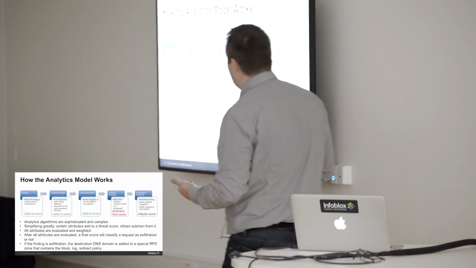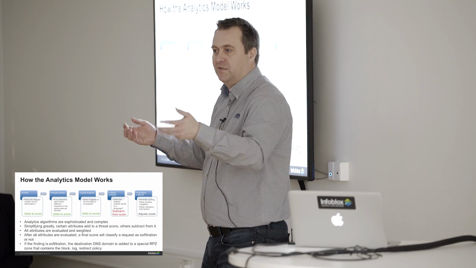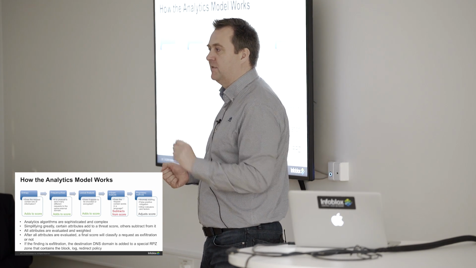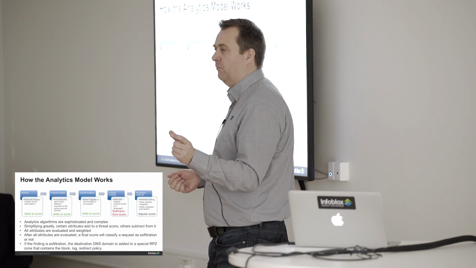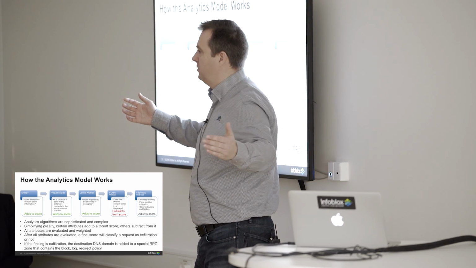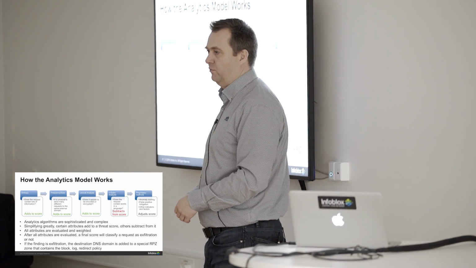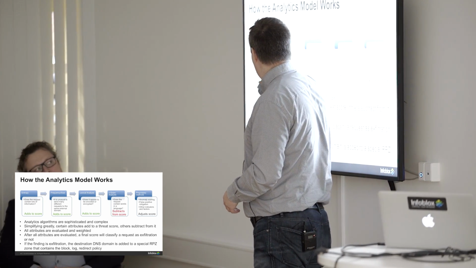Simplified, that mathematical model is something like this. For example, entropy is whether the requests contain lots of information. Well, if it contains lots of information, it's more likely that it's information being sent out than a query, because a regular query is www and a domain name. If it is, hey, this is a piece of information that I want to send out, whatever.com, then it's more likely that it's going to be DNS tunneling.